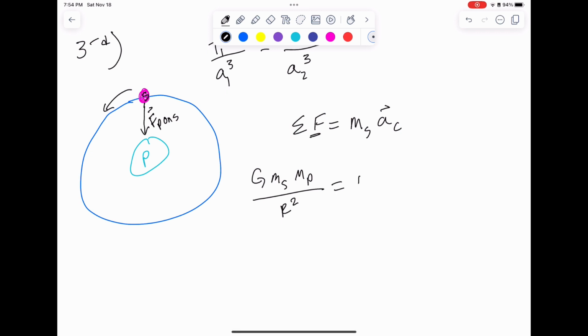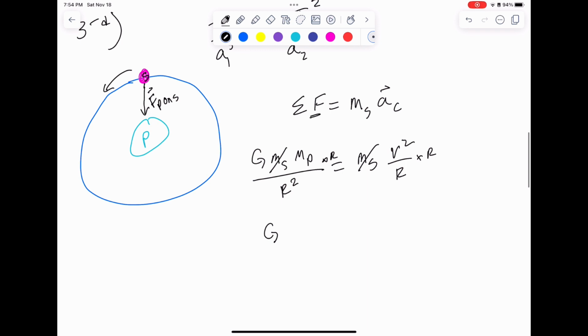This must be equal to the mass of the satellite times the definition of centripetal acceleration, which is speed squared over radius. Now we can clean this up a bit and get rid of the mass of the satellite, and if I multiply by r on both sides, we get the gravitational constant times the mass of the planet over r must be equal to v squared.